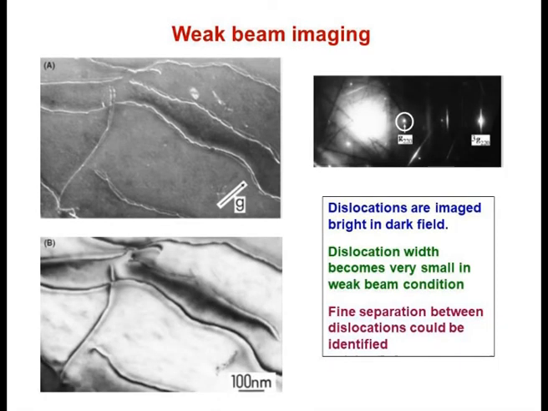This is a strong 2-beam condition, and now the same is taken under a weak beam condition. Now you can see a lot of cusps and so on, which you don't see in this image, correct? The image is very sharp. This image is called a weak beam image. Most of us image dislocations only under weak beam conditions so that we get the complete information.